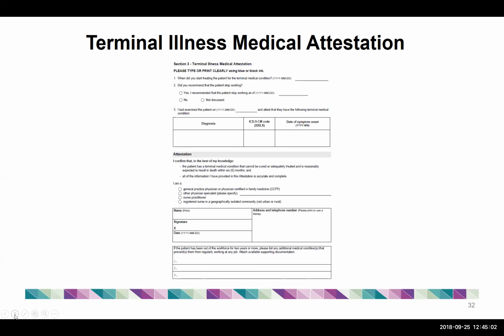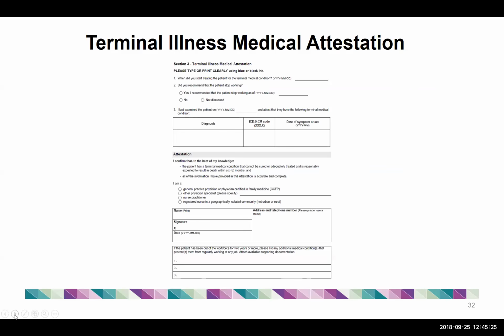And when you last examined the patient. And then the diagnosis, the ICD code, and the date of symptom onset. And then the attestation is just confirmation that this is accurate information in relation to this particular application.